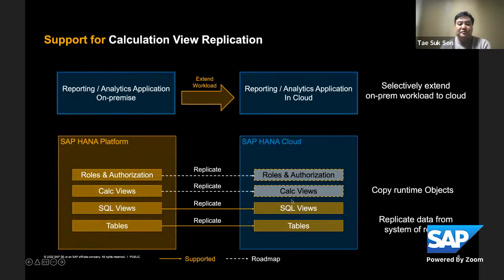So the calculation views, we recently released this feature to replicate the calc view, which we'll be showing today. Also, we're trying to improve the replication of the roles and authorizations. So we do have some basic authority replication, but we would like to extend the authorization replication in the coming months.